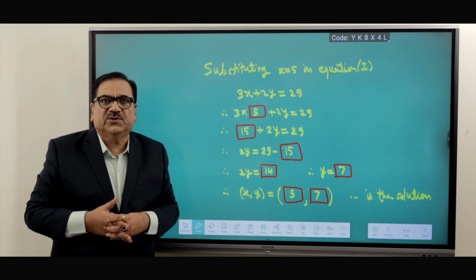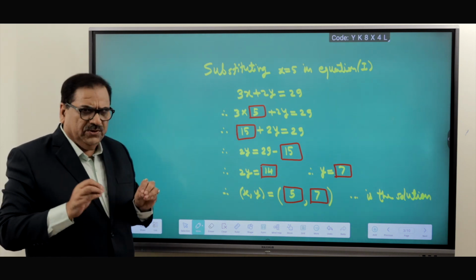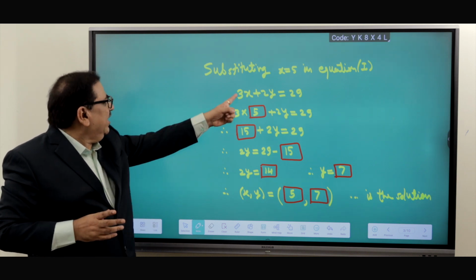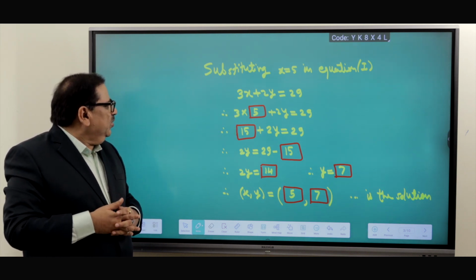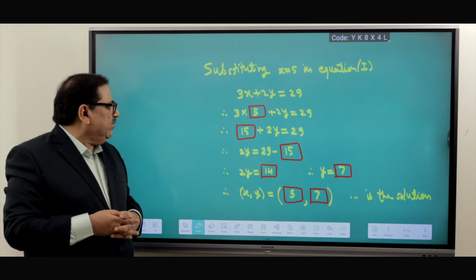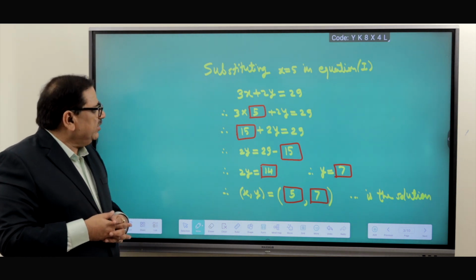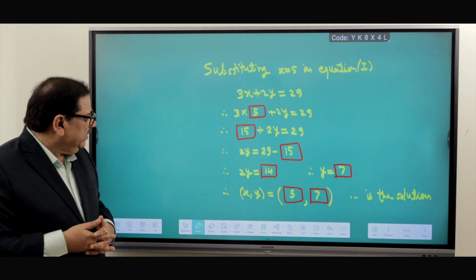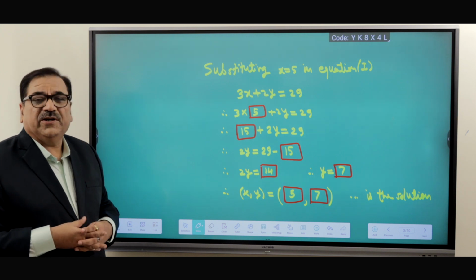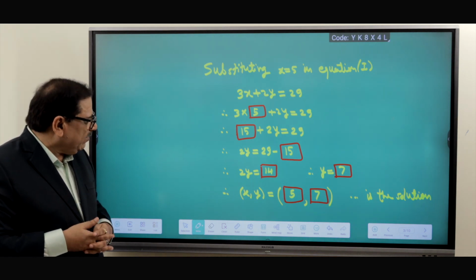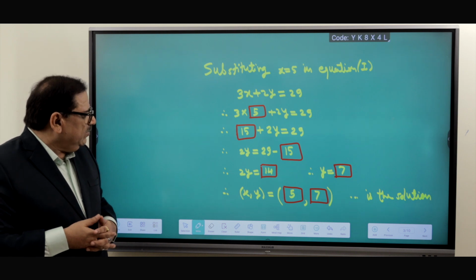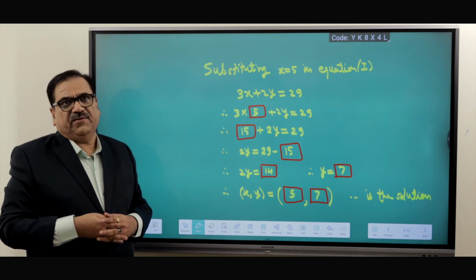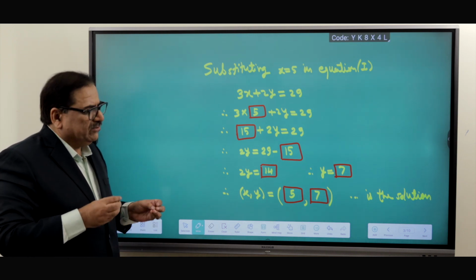Don't confuse these two. So 15 plus 2y is equal to 29. Therefore 2y is equal to 29 minus 15, so 2y is equal to 14. Therefore y is equal to 7. And thus the values of x and y are respectively 5 and 7, which is the solution.